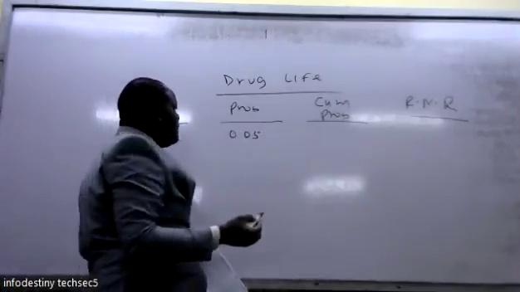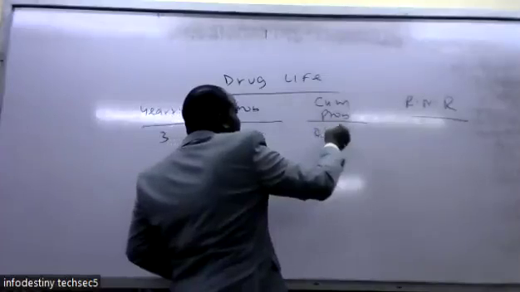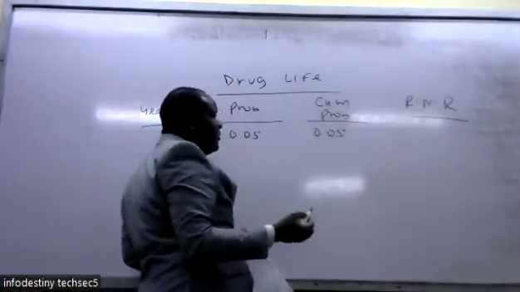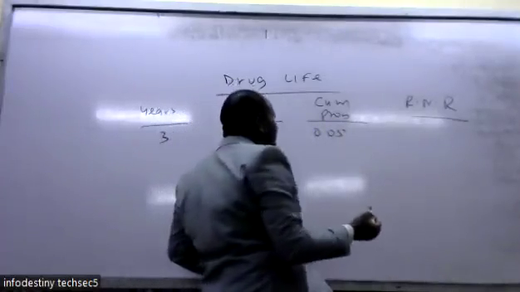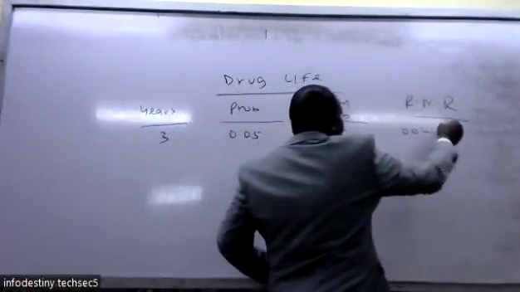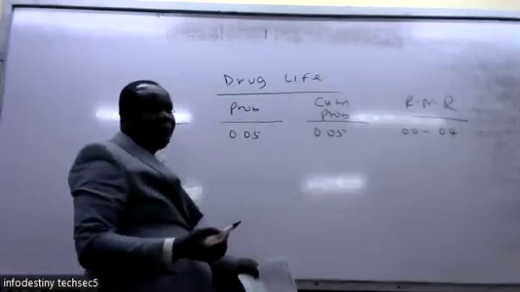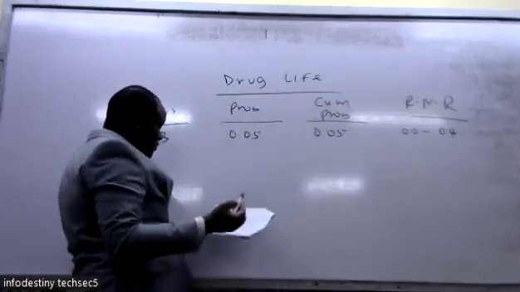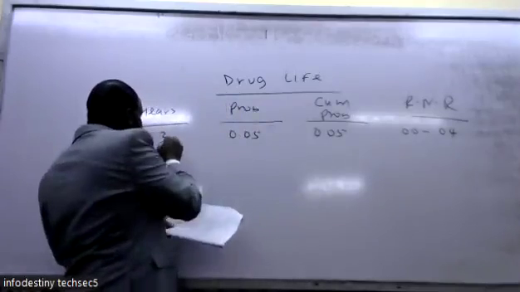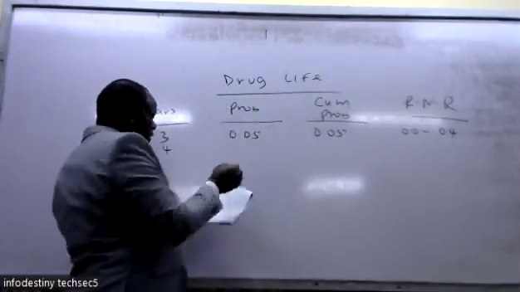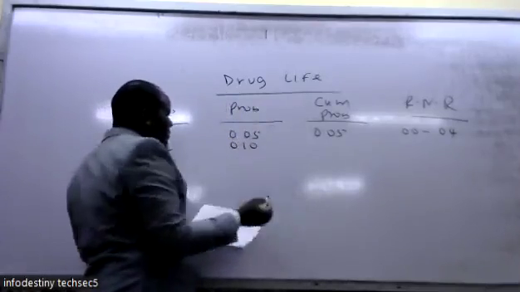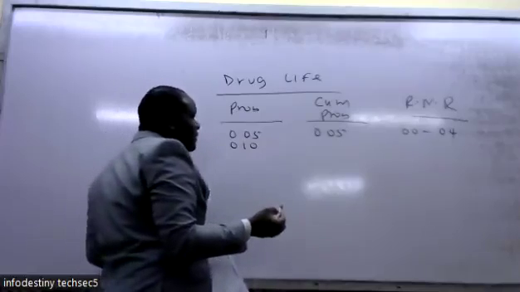So cumulative will still remain 0.05. So the range will be from 00 to 04. So the second one is 4 years. When it is 4 years, it is 0.10. So cumulative will be what?